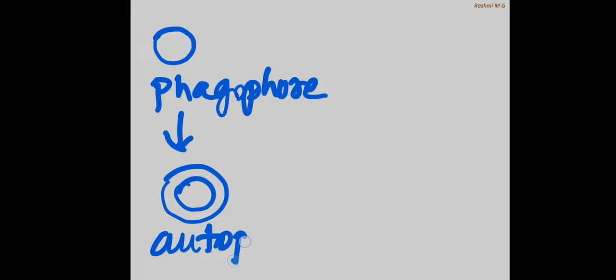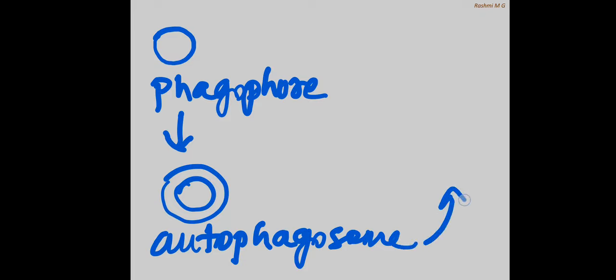Then it develops into a double membrane bound autophagosome, which is surrounding a portion of cytoplasm. This autophagosome will fuse with the endosome.